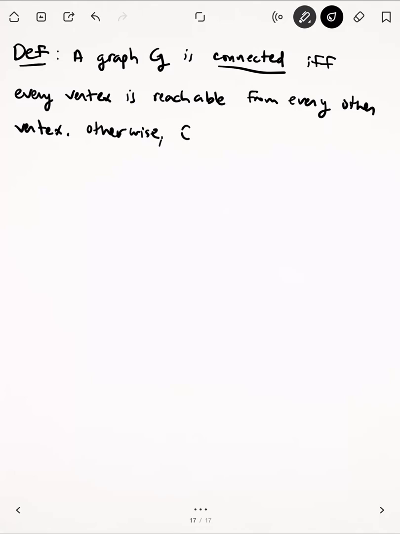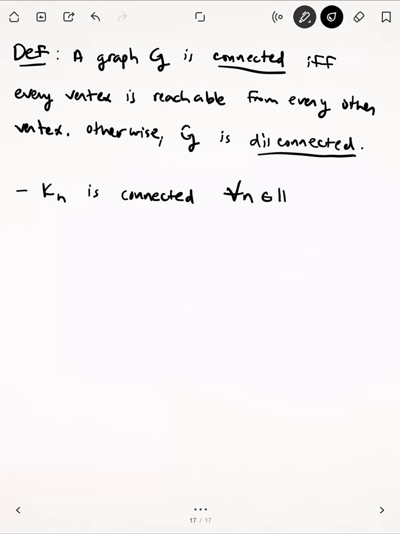Otherwise, G is disconnected. So, for example, Kn is connected for all natural numbers.